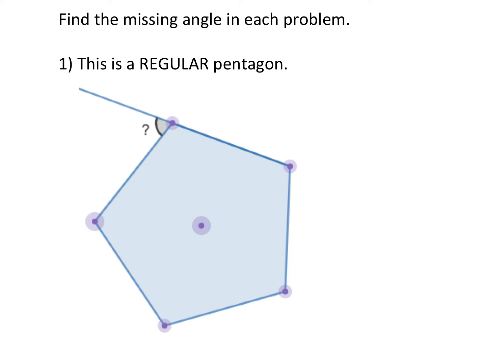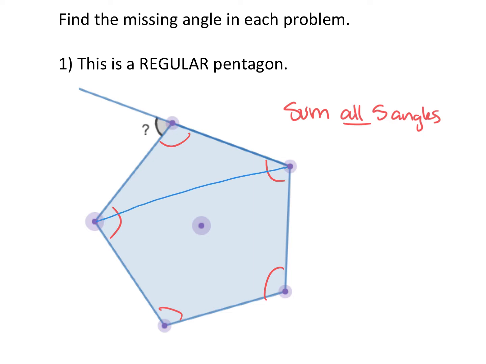Because this is a regular pentagon, the first thing I want to know is what is the sum of all 5 angles, right? We got 5 angles here: 1, 2, 3, 4, 5. Well, if you have that table, which I hope you do, and there's a copy in Google Classroom if you don't, you could recall that I could make 3 separate triangles out of this, which is 2 fewer triangles than the number of sides.